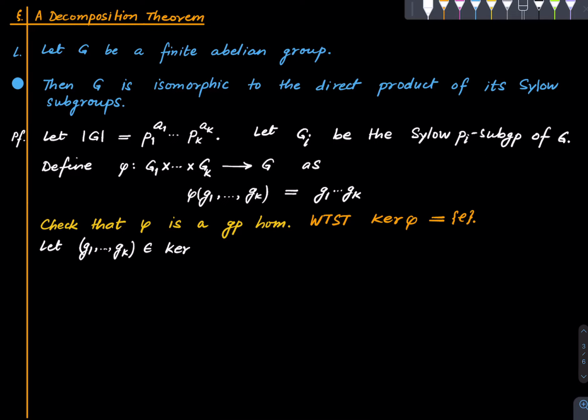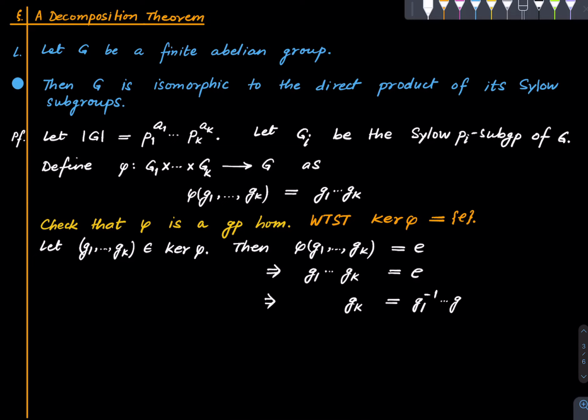Then by definition the product is equal to identity, which implies gk is equal to (g1 times up to g(k-1)) inverse. Here we have already used abelianness, because I should be writing it in reverse order, but since the group is abelian, it doesn't matter in which order I write.